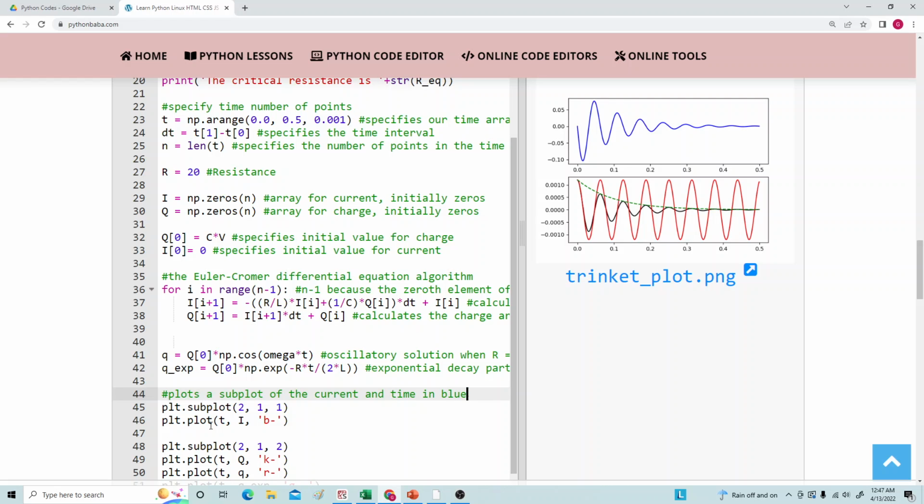Okay, so we've got that. And if we want, we can add our axes labels.